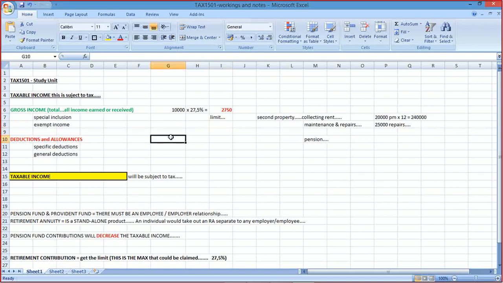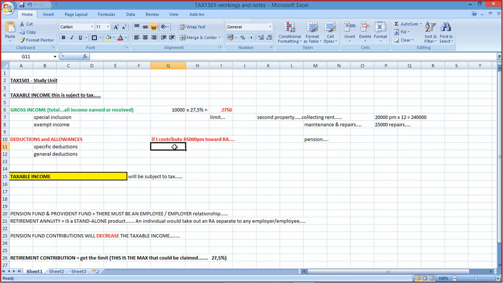So let me ask you this. If I contribute 5,000 Rand a month towards an RA, would I be able to claim the full 5,000 as a deduction? No, you wouldn't, because the limit is 27.5% of your remuneration.